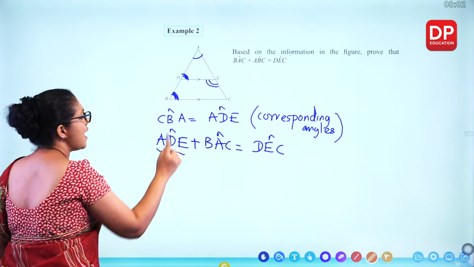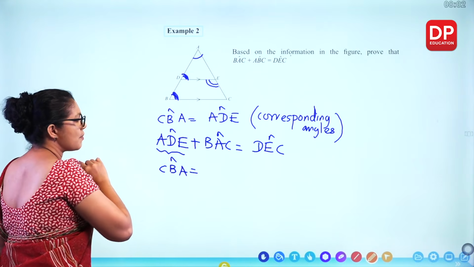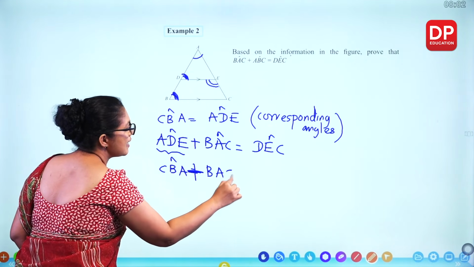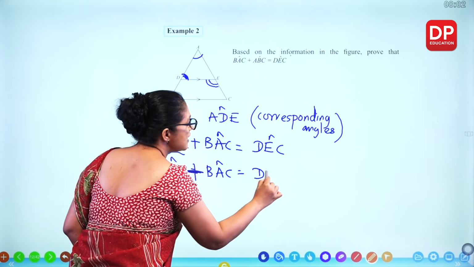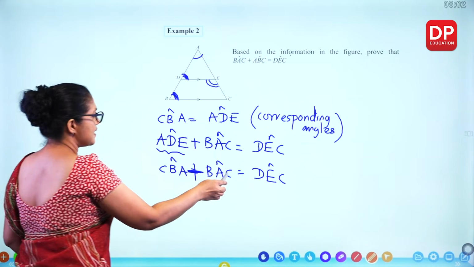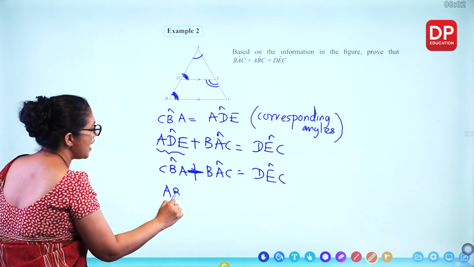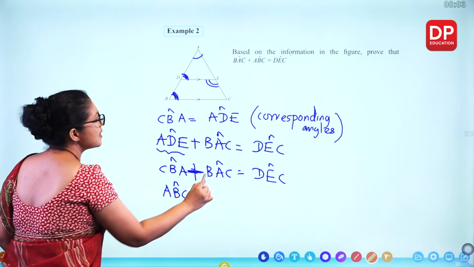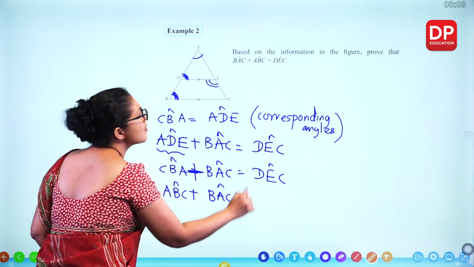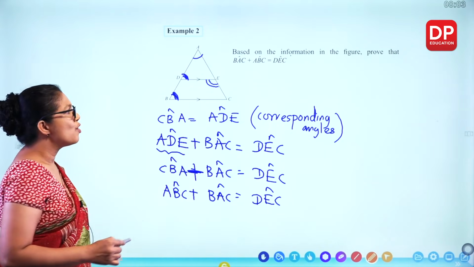ADE is the same as CBA. That's corresponding angles. Plus BAC is equal to DEC. Now we want ABC. ABC is the same as this, so I can rearrange this to ABC plus BAC angle is equal to DEC. So that's what we need to prove.